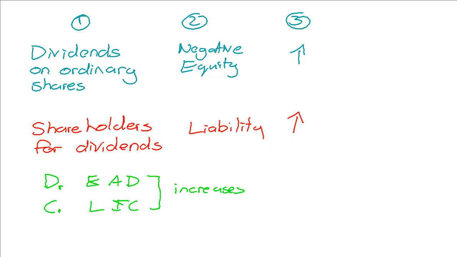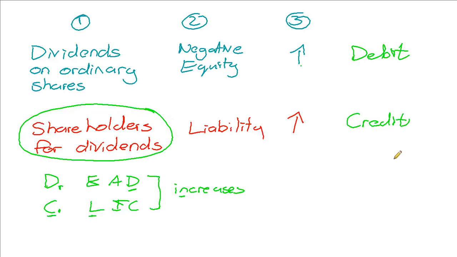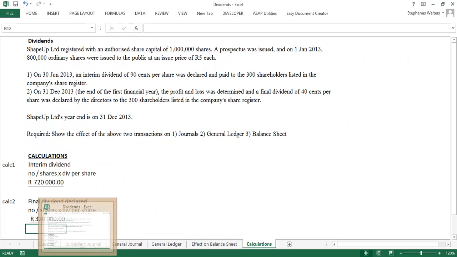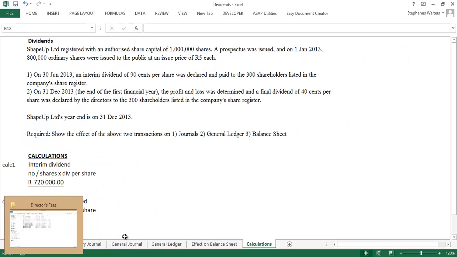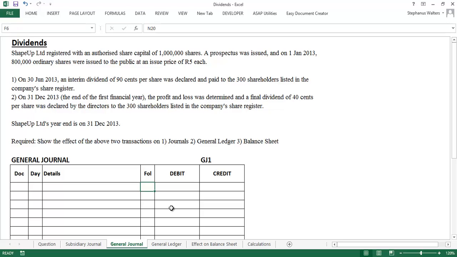So my dividends increased, so that's going to be a debit, and my liability increased, so that's going to be a credit. Every debit has a credit. So very similar to the previous one, except instead of crediting bank, we are now crediting the liability, which is shareholders for dividends.